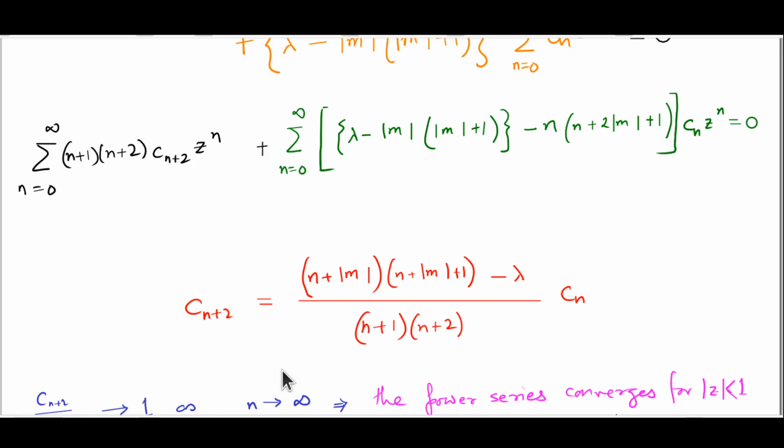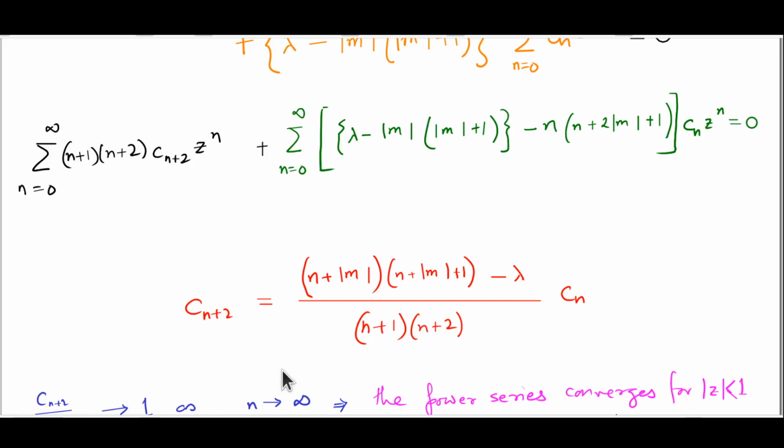So the solution will break up into two pieces, an even series with C0 as an overall coefficient and an odd series with C1 as an overall coefficient. So the combination of the two independent solutions will give you the general solution to the equation for G, and that will lead to a solution to the associated Legendre equation.